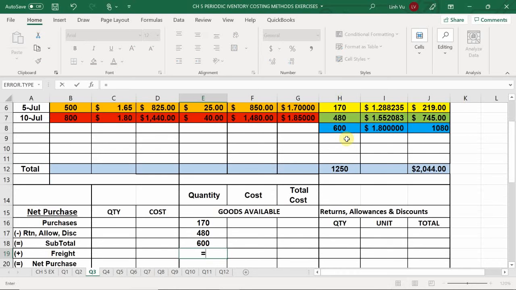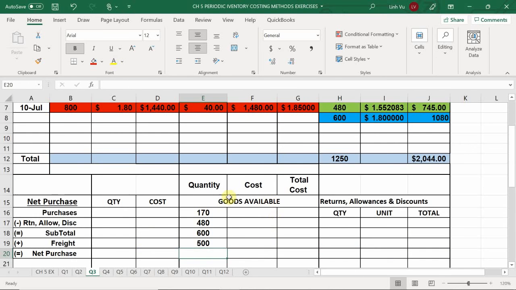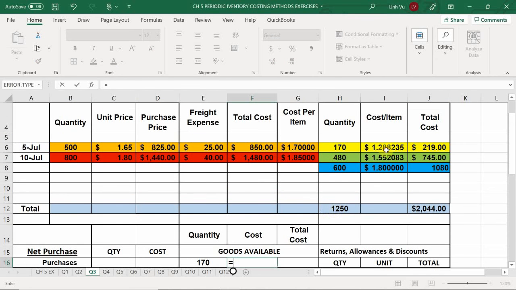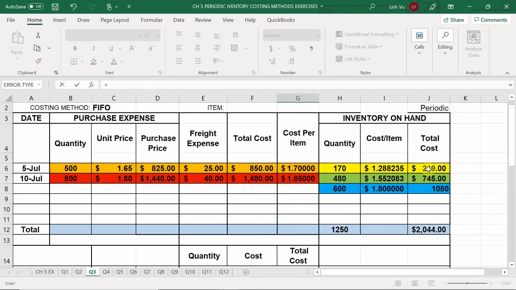And because we just purchased our new batch of inventory, we're adding our beginning inventory with our net purchases.